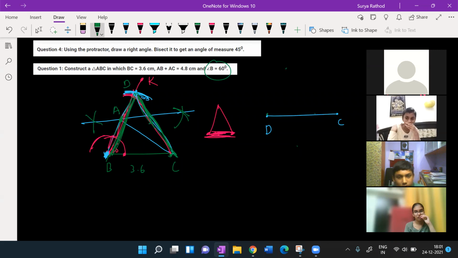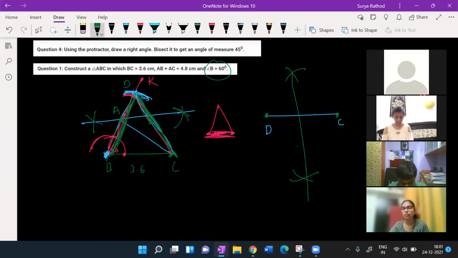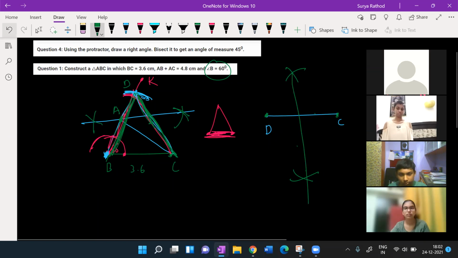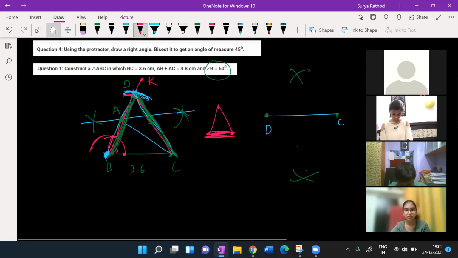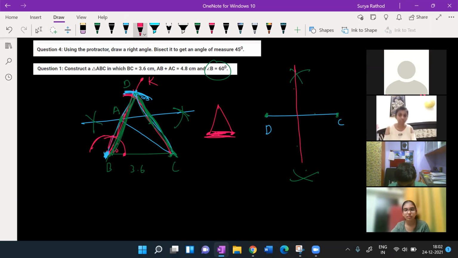With the reference of D, I'm drawing an arc here, and with the same radius, I'm drawing an arc here. Again, from the C point, I'm joining this one, like this. Now, if I join these two, this is how I joined here.